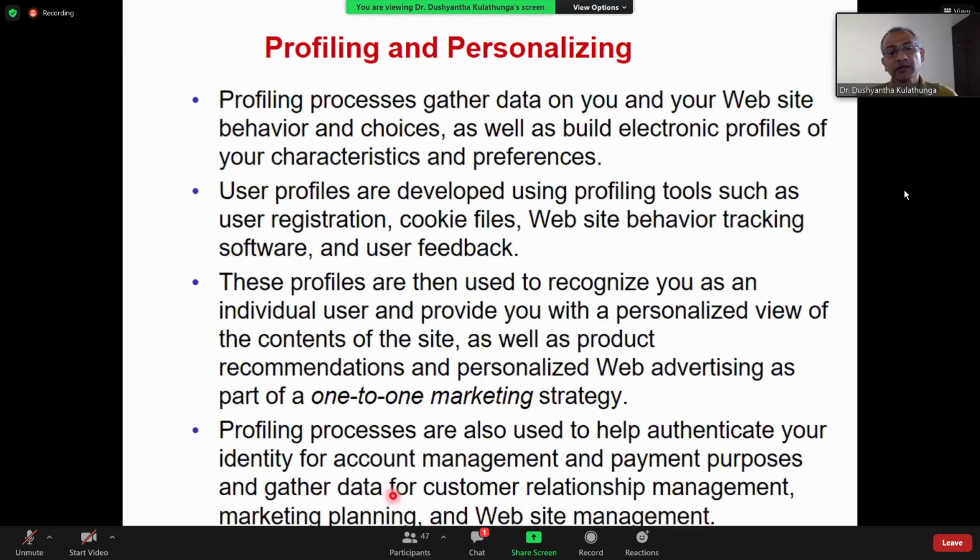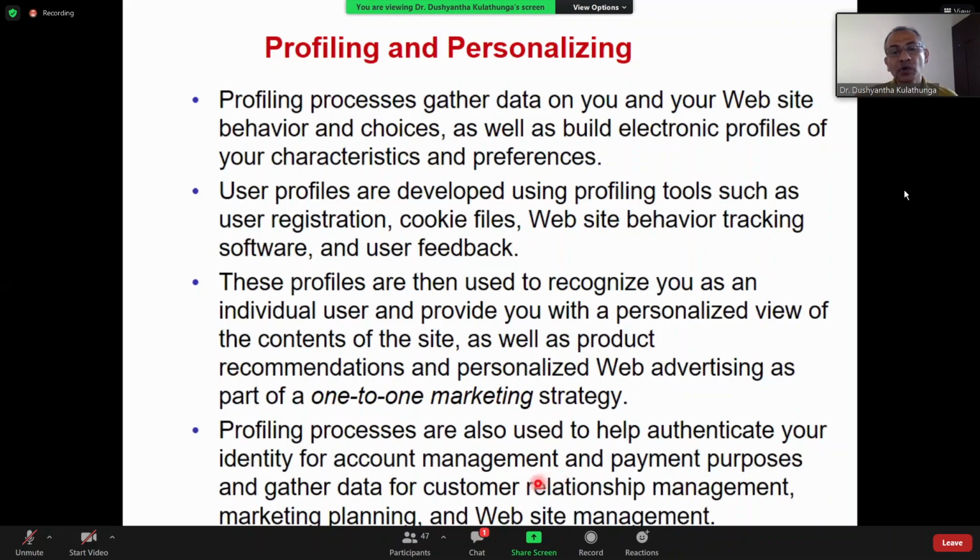And also it can be used to facilitate customer relationship management. Now the employees of the organization can go through the particular electronic profiles to learn about individual customers and then provide better customer service and interact with customers in a more effective manner.